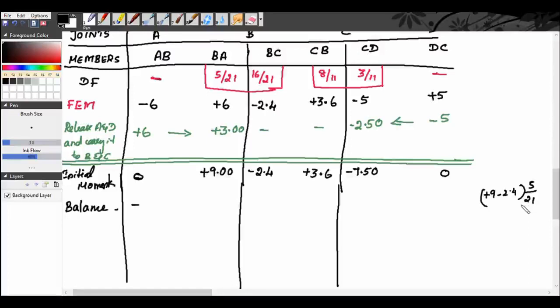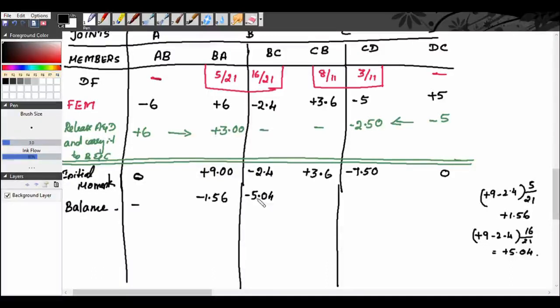You will get the value as plus 1.56. So if you are getting plus 1.56, for balancing it is minus 1.56. Now for BC it is plus 9 minus 2.4 multiplied by the distribution factor 16 by 21. So you get plus 5.04. So for balancing you have to give minus 5.04.